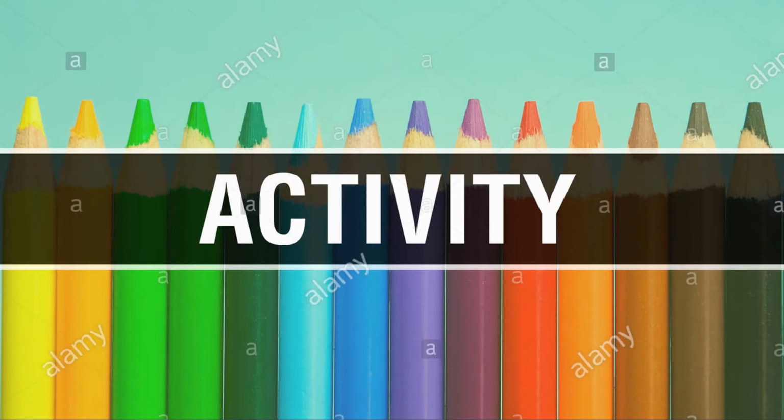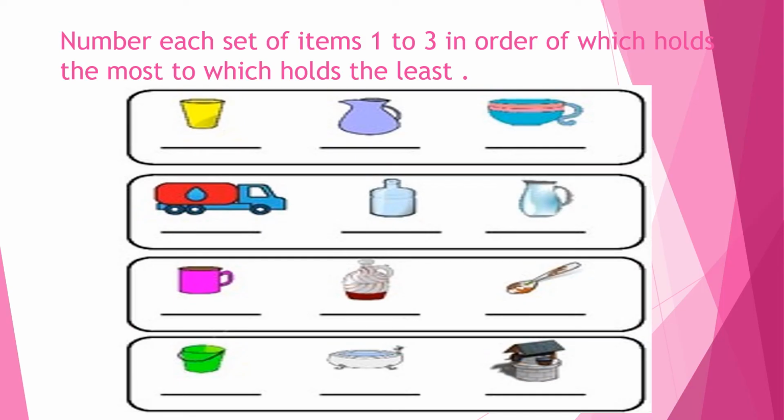We have some activities to complete below here. We have to number each set of items from 1 to 3 in order of which holds the most to which holds the least. We'll do the first one together. Looking at these objects, which one do you think would hold the most liquid?